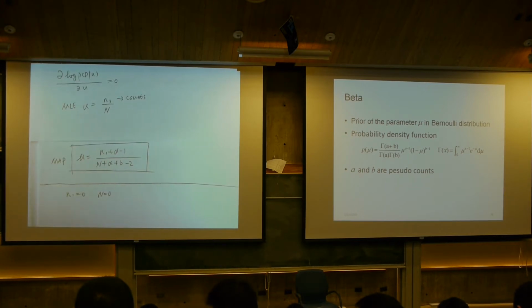But I have some prior knowledge that A equals 5 and B equals 6. I'm just trying to give an example. You can think A equals 2 and B equals 3, something like that. If they're both 1, they're uniform. Right.